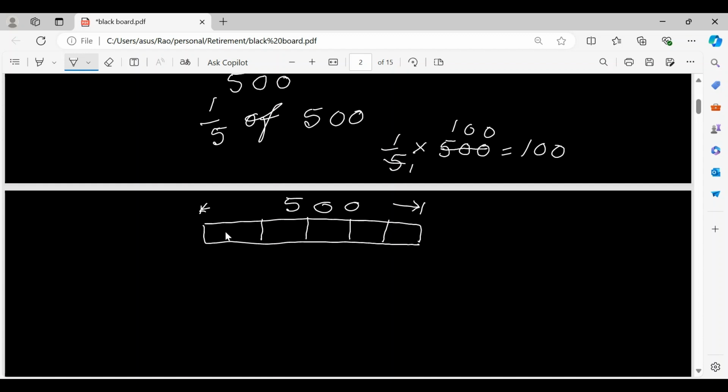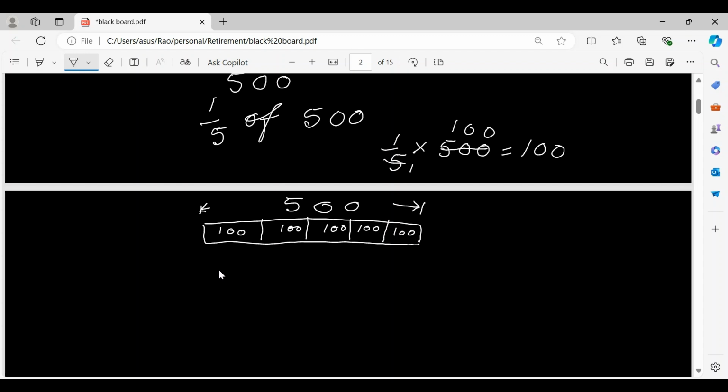Then naturally each part will carry 100, 100, 100, and 100, 300, and 100. This is 400, 100.